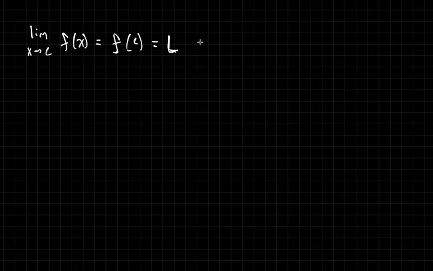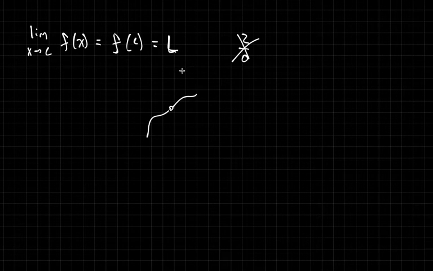For example, 2 over 0. That is not a real number. So what do we do in these cases? Because the function might be undefined at a point, but the limit might still be defined.